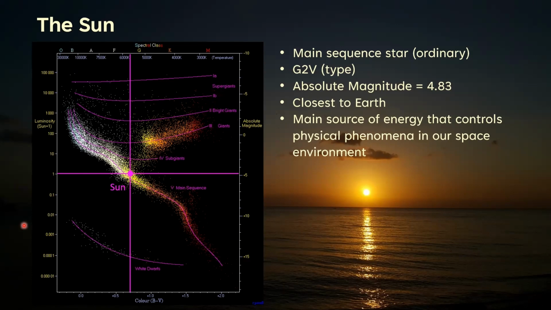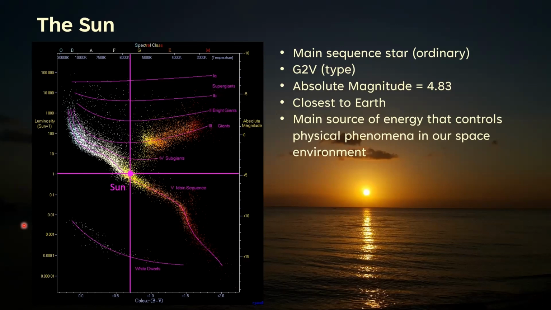Most of the phenomena related to space weather and space science, that is the science of the space between the sun and the earth, most of the phenomena that happen in that region are controlled by the sun, with some little aspects of other influences, extragalactic influences or extraplanetary influences.